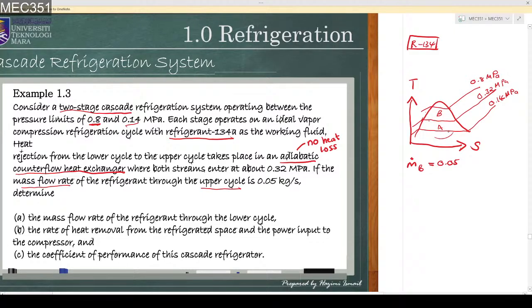Simple as that. It is your own choice if you want to name the upper cycle A and the lower cycle B. It is not compulsory to name B as the upper cycle or A as the lower cycle.